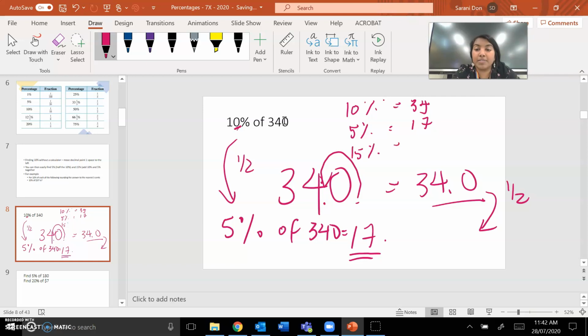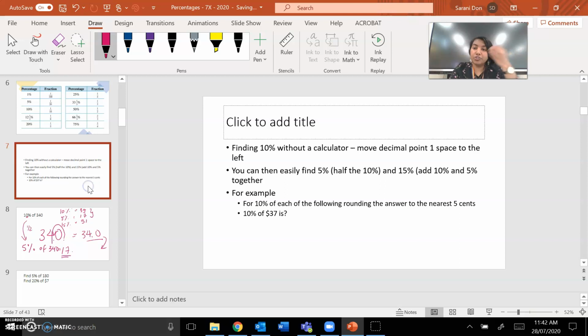Therefore, 15% should be when you add those two together, and in this case, it is 51. So 15% of 340 is 51. Just using those tricks to answer questions easily and quicker, using the shortcuts, is what this exercise is about.